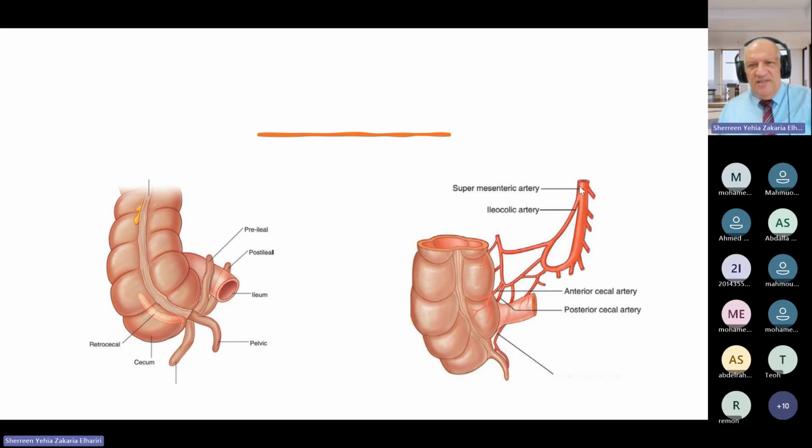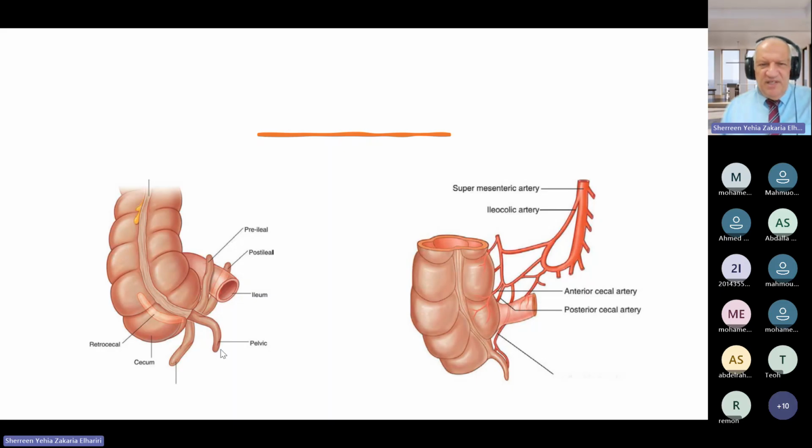Okay, so superior mesenteric gives ileocolic, which gives the appendicular artery, and this is ileum, and this is appendix. What is the common site of the appendix? 70% of appendix is what? Retrocecal. Although many surgeons say it is difficult, actually 70% of appendix is retrocecal. We have pre-ileal, post-ileal.